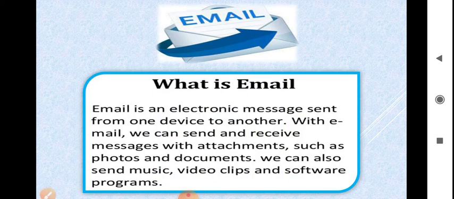Email is an electronic message or electronic mail sent from one device to another. वो एक मैसेज जो है वो एक कंप्यूटर से दूसरे कंप्यूटर में सेंड करने के लिए. With email we can send and receive messages with attachments such as photos and documents. Here you can send emails and you can receive also.